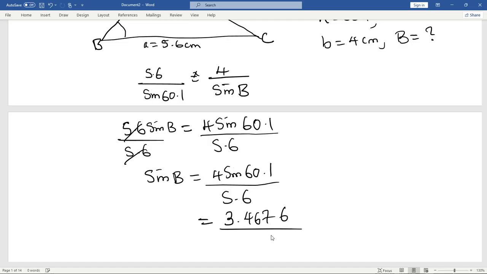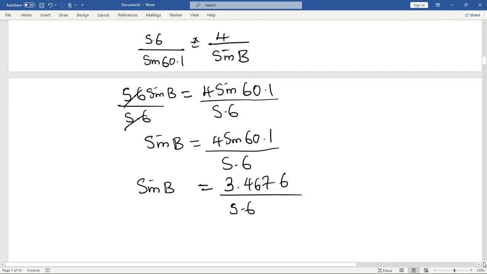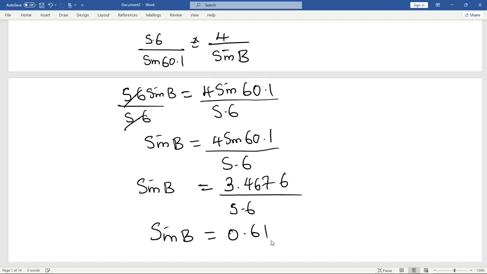Then we divide this by 5.6, and we have that sine B is equal to 0.6192.